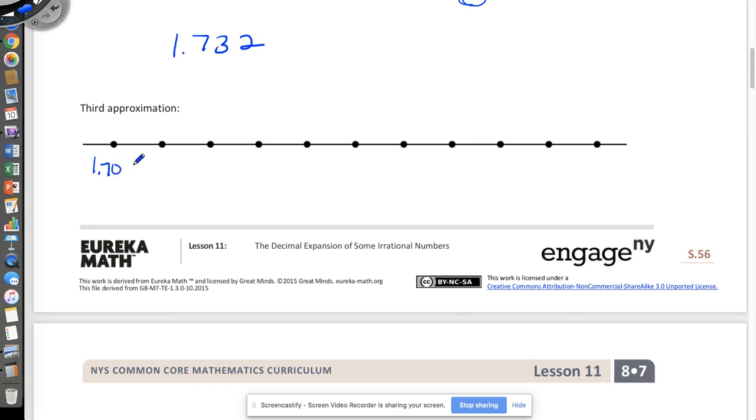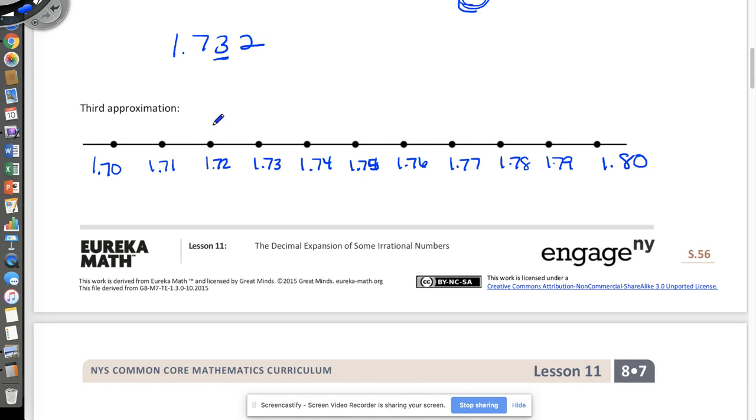So we're going to do 1.70, 1.71, 1.72, 1.73, 1.74, and go ahead and label yours, 1.75, and ending in 1.80. All right, so since we had 1.7, we already circled that factor up there. Let's add in that 3 and get it to a more precise location.